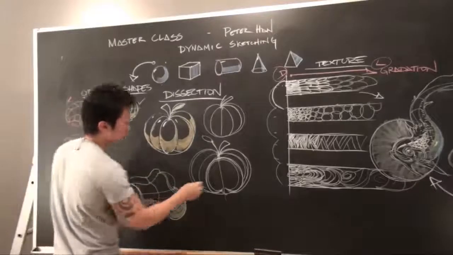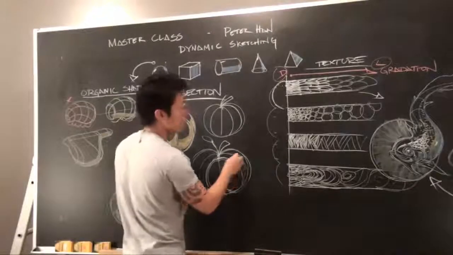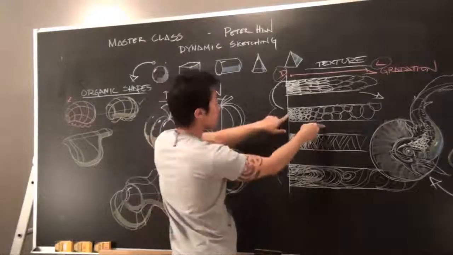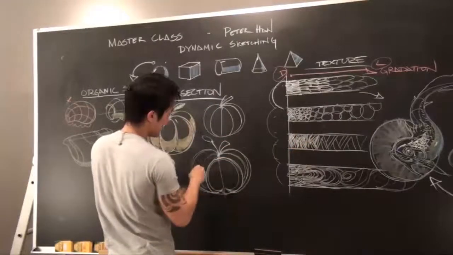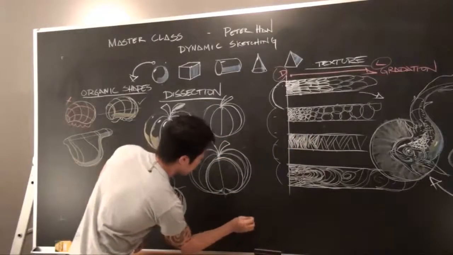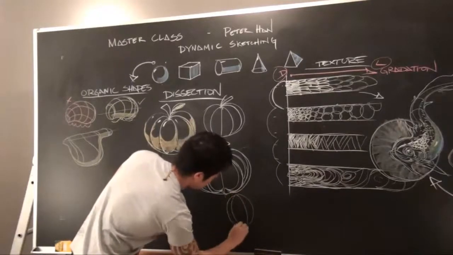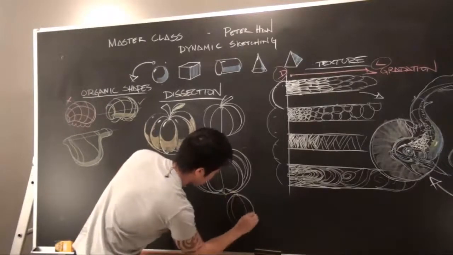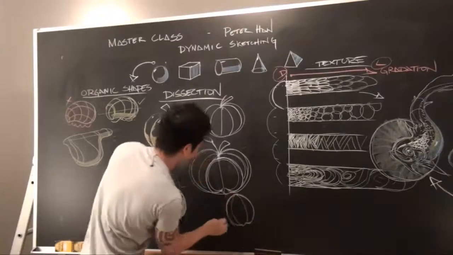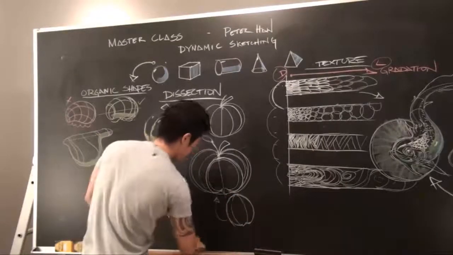forms are turning. And inside of it, and this is where also we can apply texture, interior dissection. So this is like a piece that I took out here. That would go in there.